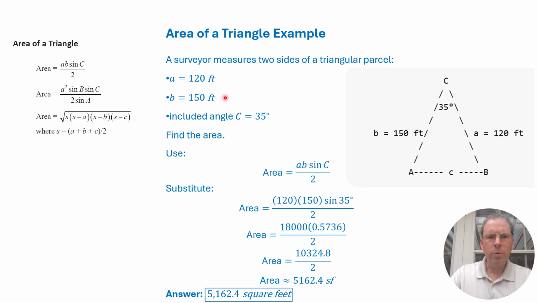Say A is 120 and B is 150, set it up like this, and you have one angle C, 35. You're trying to find the area of this triangle. You can use that first equation since you have these known, put in the terms, and calculate an area of 5162.4 square feet.